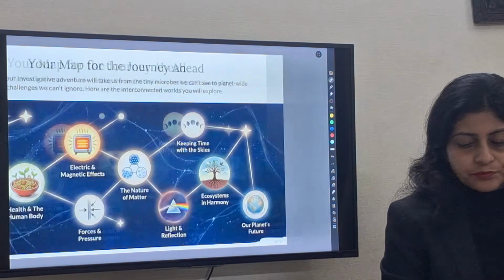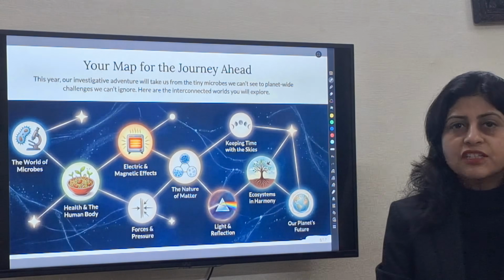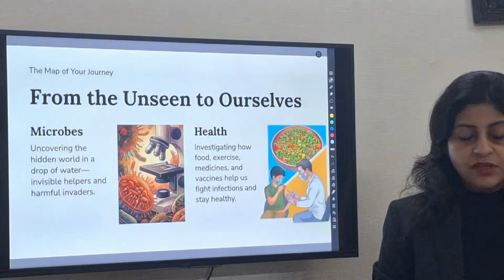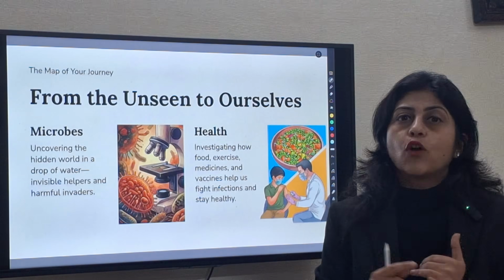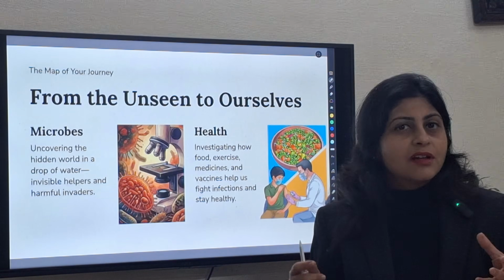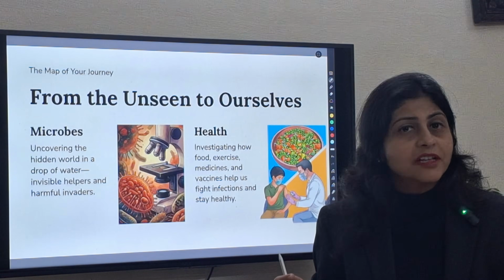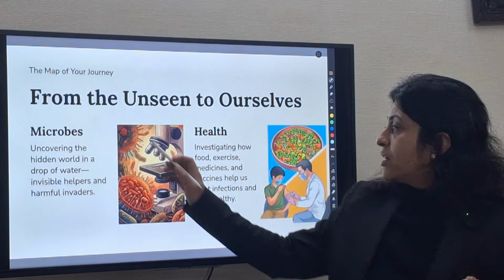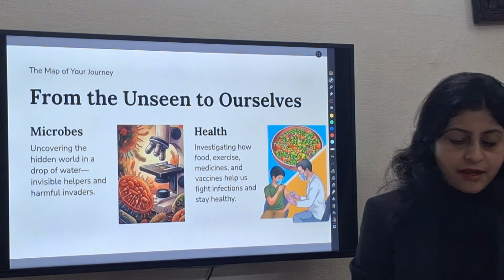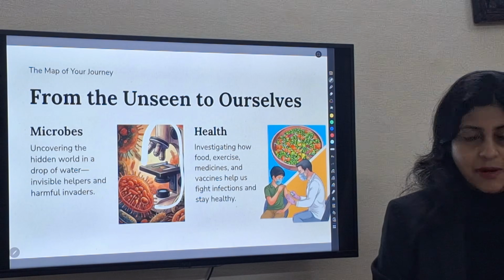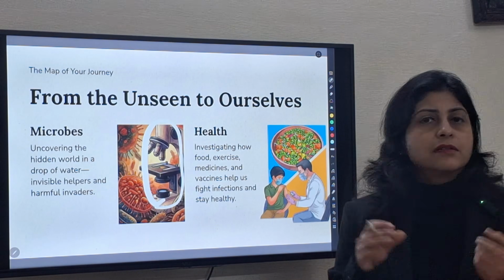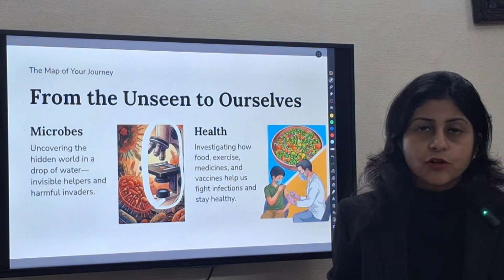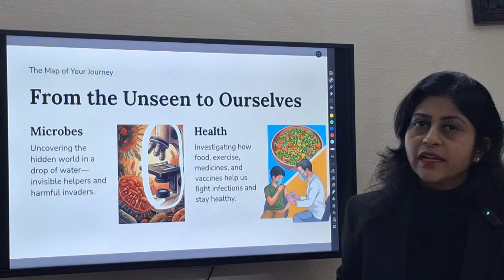If we see the first chapter, that is Entering the World of Microbes, here we are going to see what microbes are, how they look, and very important, how we look at them. We look at them with the help of a microscope. Some of them are harmful to us and some of them are helpful also. So this is what we are going to read in this.